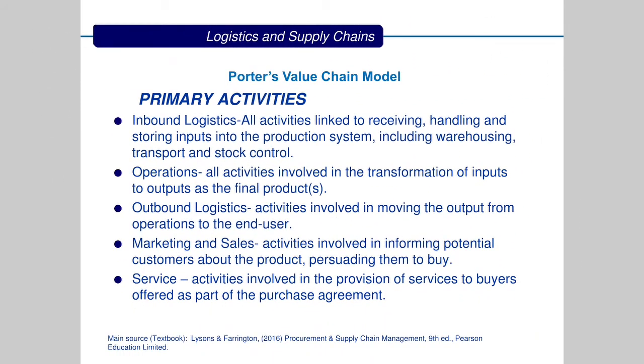Here we talk about primary activities. All activities linked to receiving, handling, and storing inputs into the production system, including warehousing, transport, and stock control, are called inbound logistics. That is the first type of primary activity. Suppose Vale Steel is making steel pellets, small balls of iron.